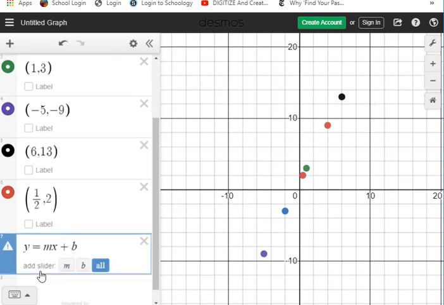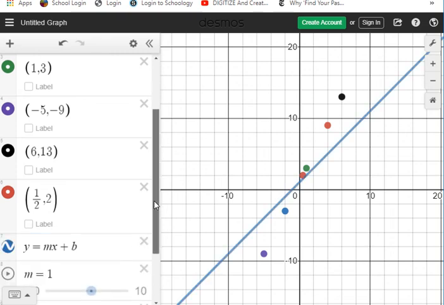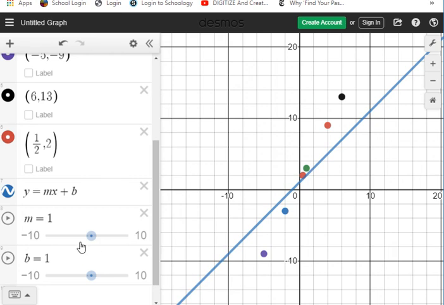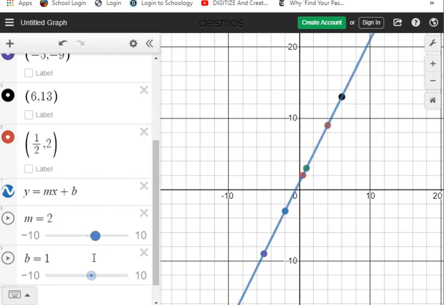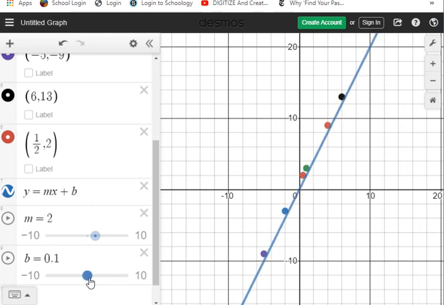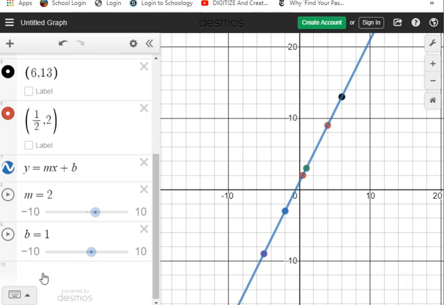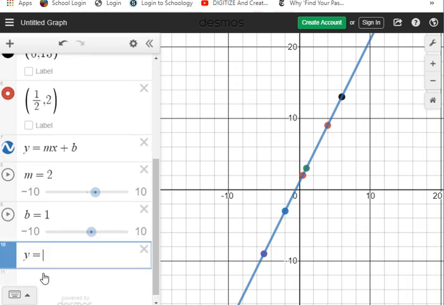If you know that this is your equation, you can play around with the m value, which represents the slope, and the b value until everything lines up, and you can determine that this equation really is y equals 2x plus 1. Okay?